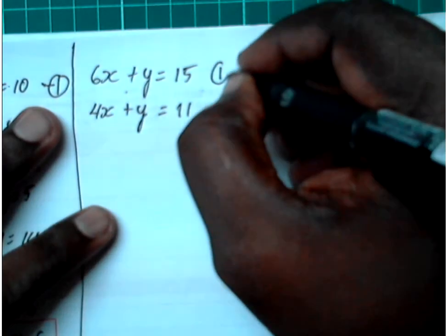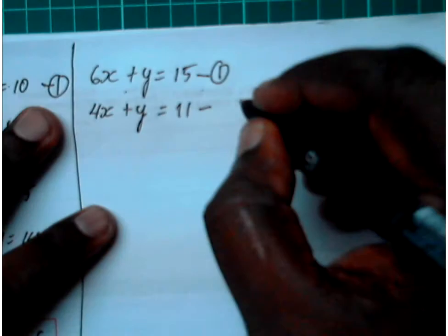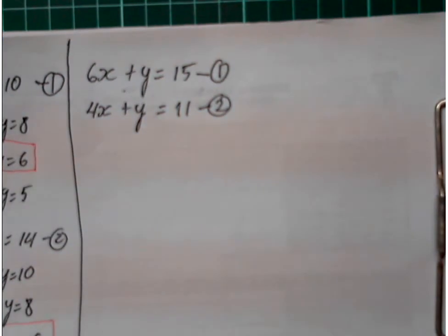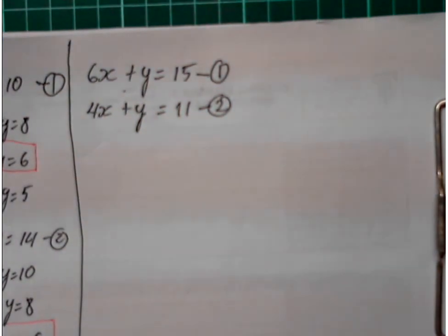Let's call this equation 1 and this equation 2. Your job is to solve both of them and find the set of answers that satisfies both equations.